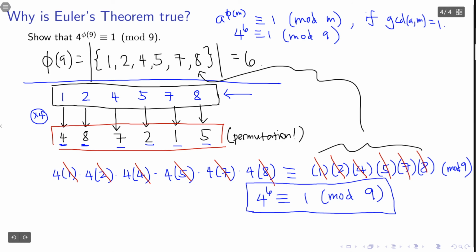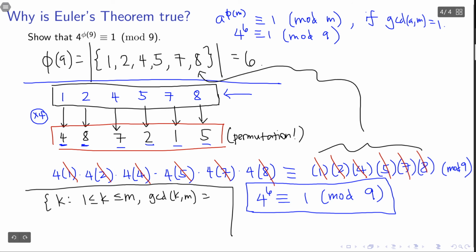So in fact, this is how Euler's theorem is proved in general. You just want to show that if you take all the integers smaller than m and relatively prime with m, then if you take this same set and multiply it by a, that induces a permutation, and you just get the same numbers.